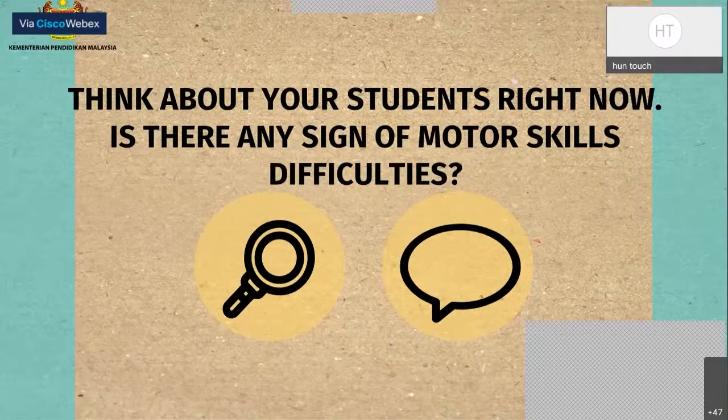Can I have some examples of the difficulties of motor skills from the students? For example, they find it very hard to write, using the pen or pencil to write, or have difficulty with toys. For example, they come from kindergarten and they cannot touch or play with the toys.